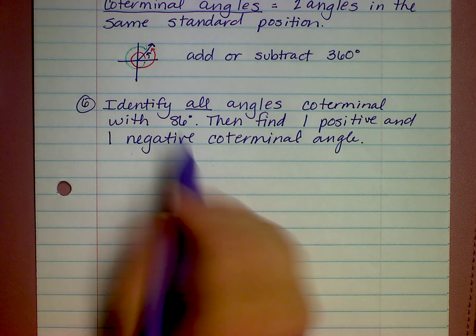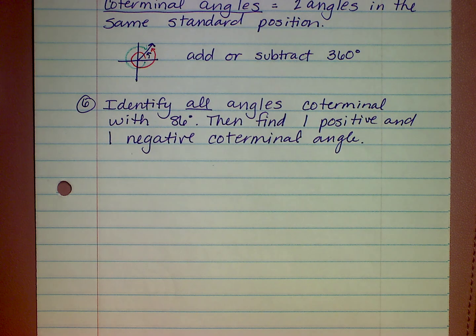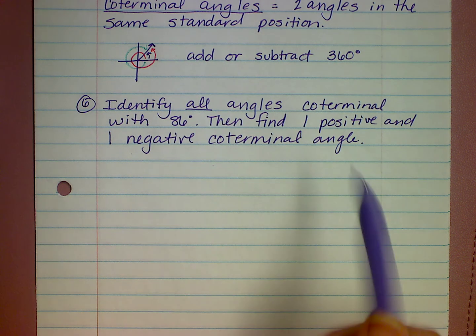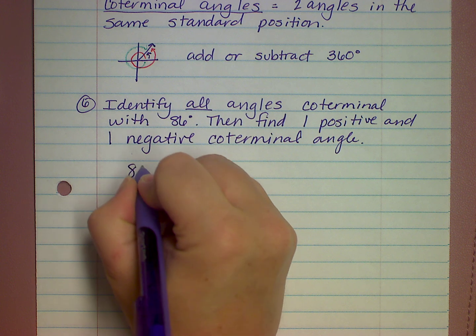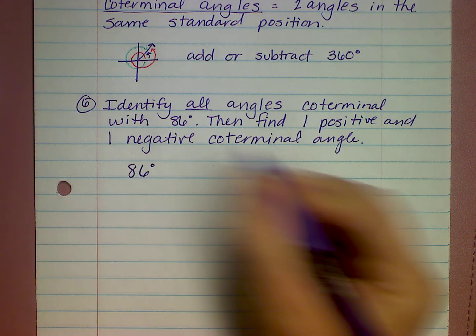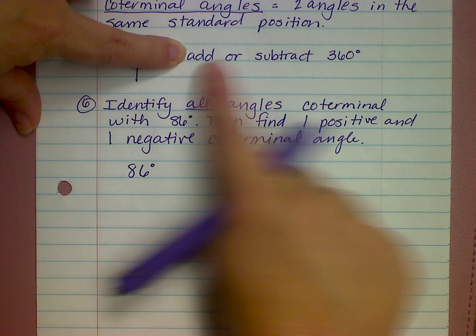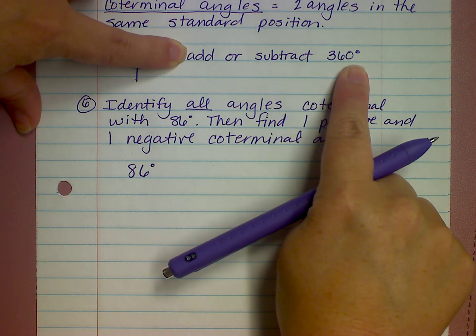So when it says identify all coterminal angles, that means it's asking me for a formula. Like, how could I find all of the angles that would have a coterminal side at the exact same location as 86 degrees? Well, it's pretty simple, because when you're finding a coterminal angle, you're adding or subtracting 360.